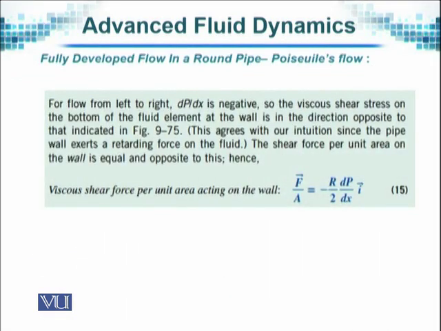So one or two additional observations on the same: the viscous shear force per unit area acting on the wall will be determined by the force divided by area, because that is the definition of force per unit area, and if we calculate in our terms, it will be equal to this, where r here is the radius of the pipe and dp/dx is the external pressure gradient that is being applied.